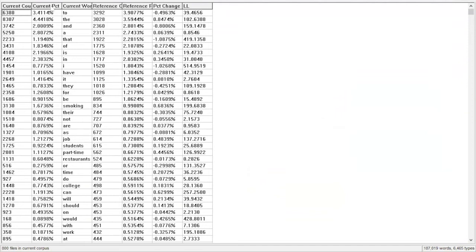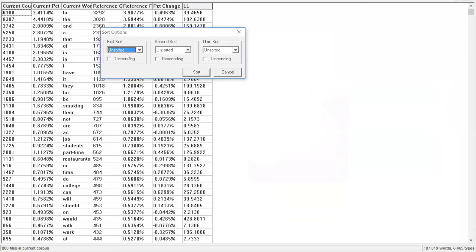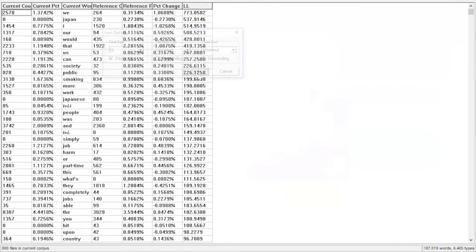Then we want to sort on log likelihood, with the big numbers at the top, so we choose descending. Okay. Here we have the percentage change showing the difference. The numbers aren't showing up quite properly here.